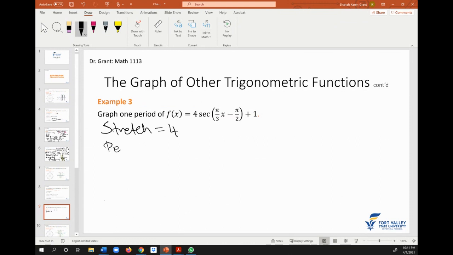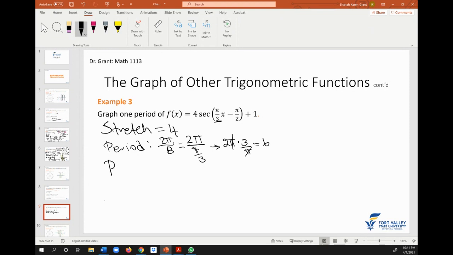My period, that's going to be 2 pi over b. B for me is pi/3. So it's 2 pi over pi/3, which is keep, change, flip, going to be 2 pi times 3 over pi. This goes away, so my period is going to be 6.